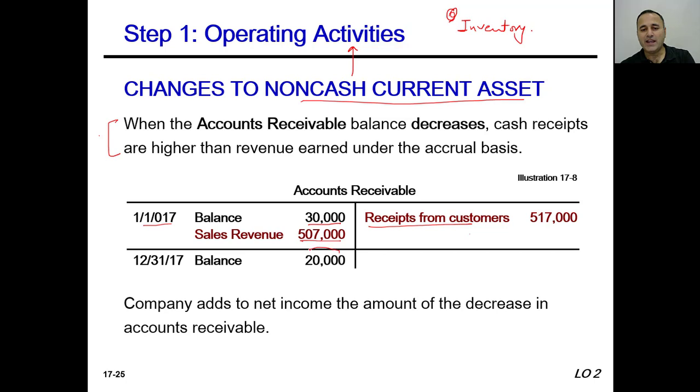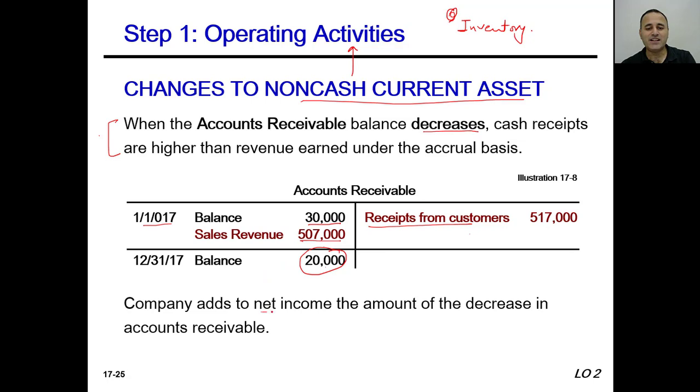So my net balance of $20,000 is what is affecting my cash flows. When the account receivable balance decreases, my account receivable balance initially was $30,000, but now it's only $20,000. So what does it mean? Cash receipts are higher than the revenue earned under the accrual basis. So the cash receipts are higher, so this one has a positive impact of cash inflow.